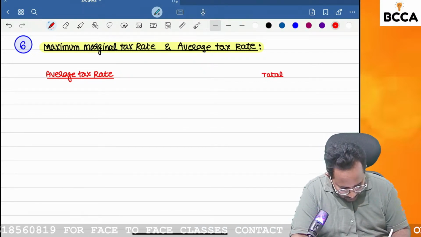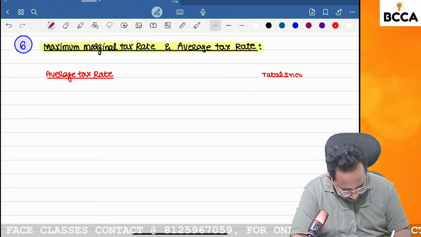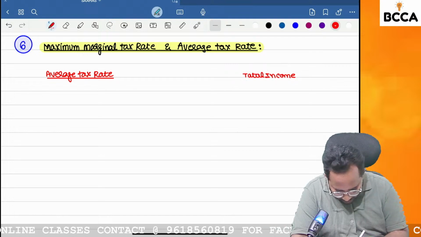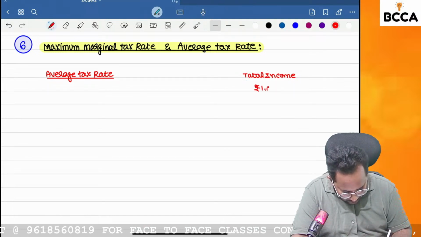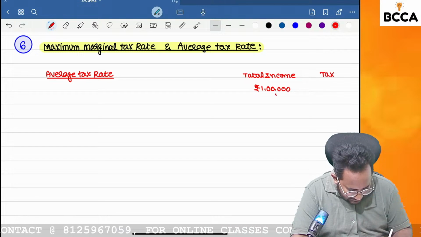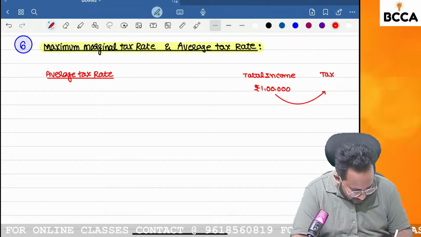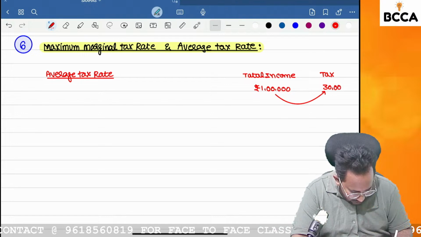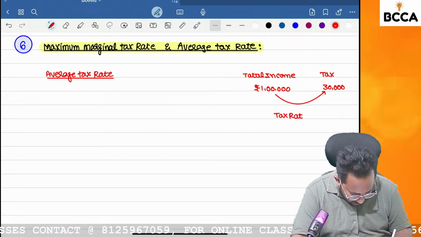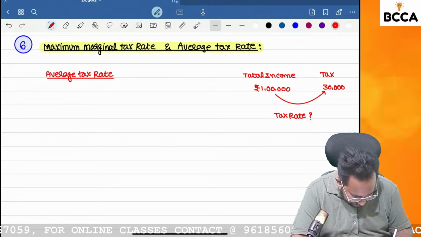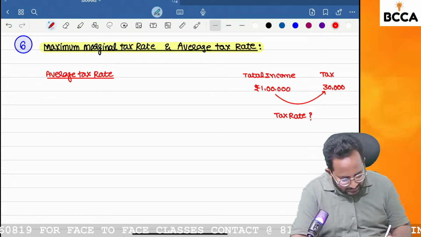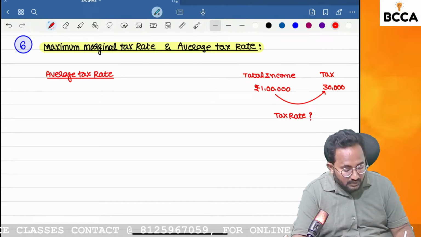Just one example. Total income is rupees 1 lakh. Suppose the tax collected is 30,000. So can you tell me what the tax rate is here? How can you identify the tax rate? We are collecting tax of 30,000 on a total income of 1 lakh.